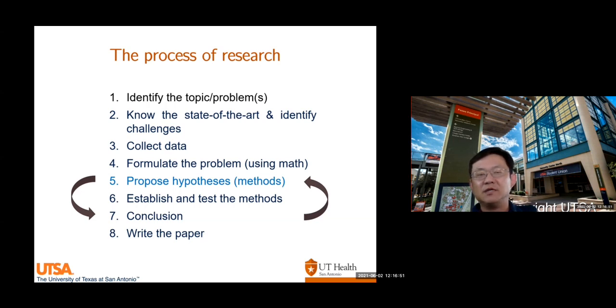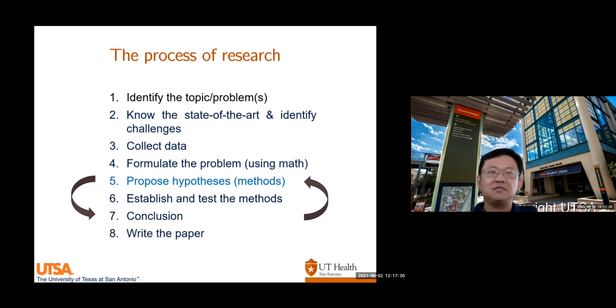If it doesn't meet, then we oftentimes have to go back to step 5 to revise the approaches, revise the methods, and then establish and test the methods again. Until we're confident to draw the conclusion that the methods really meet our expectation and the method is good. Then afterwards, we gather all the results and start writing the paper, and submit to the journals and hopefully get it accepted. So that's more or less a quick overview of the steps.